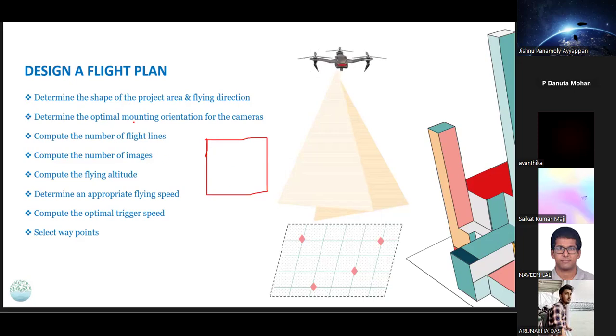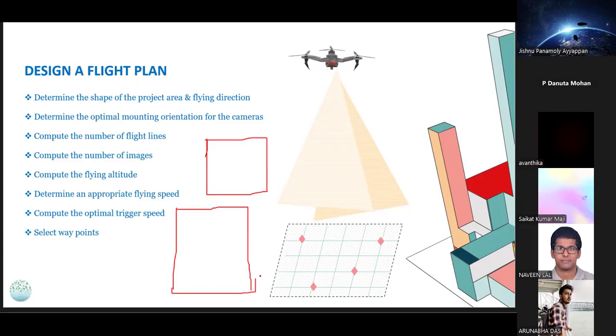And we should always have an efficient flight plan because it should minimize the number of turns that the UAV or drones make between flight lines in order to save battery life or fuel. Suppose, let me make another diagram, this is our AOI, a rectangular shape.